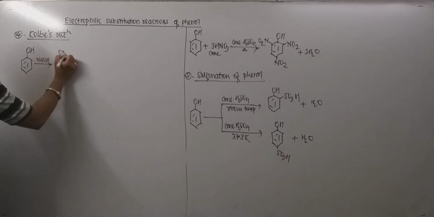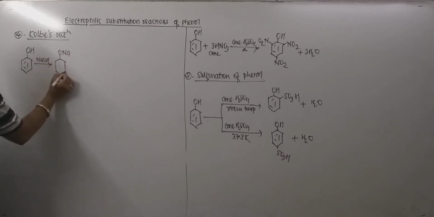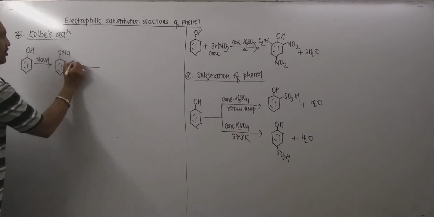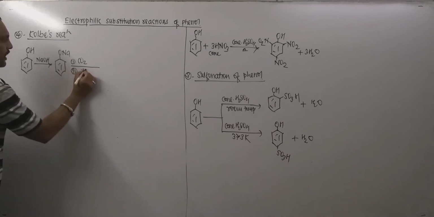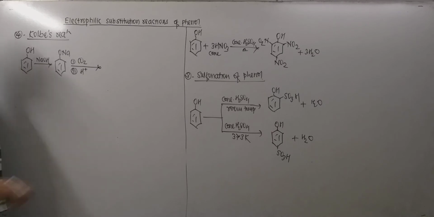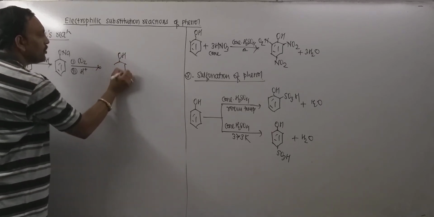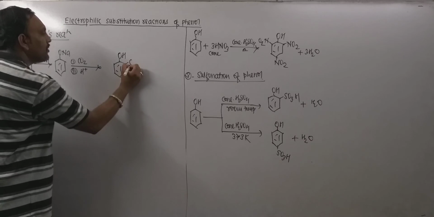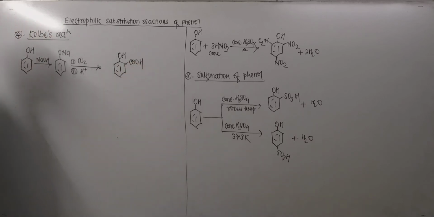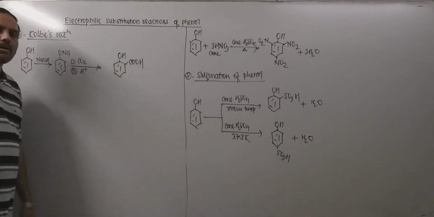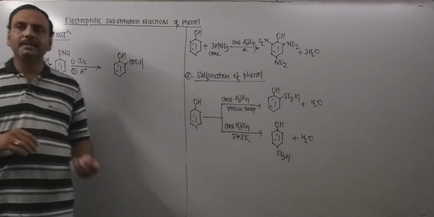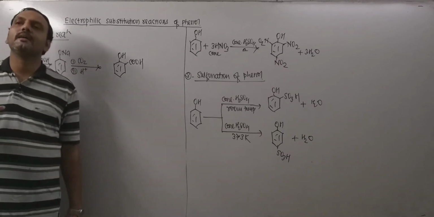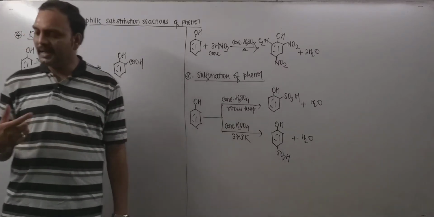Thus, phenol reacts with NaOH producing sodium phenoxide, and now this sodium phenoxide is first treated with carbon dioxide followed by hydrolysis using dilute acid, which leads to the formation of orthohydroxybenzoic acid, which is commonly called salicylic acid. And remember, salicylic acid is used in the preparation of the analgesic known as aspirin.